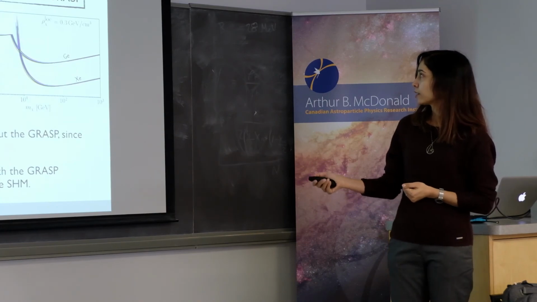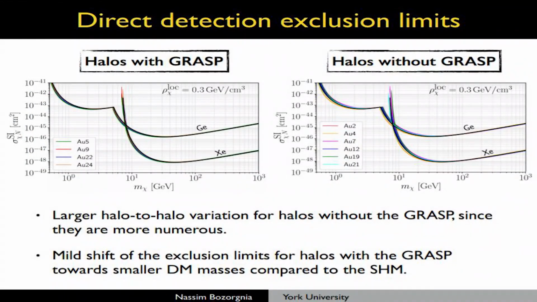So this is just side by side the one when you fix the local dark matter density, and you compare halos with the GRASP with halos without the GRASP. And so there's a larger halo-to-halo variation for halos without the GRASP because there are more halos there. And you have a mild shift of the exclusion limits for halos with the GRASP towards smaller dark matter masses compared to the standard halo model.